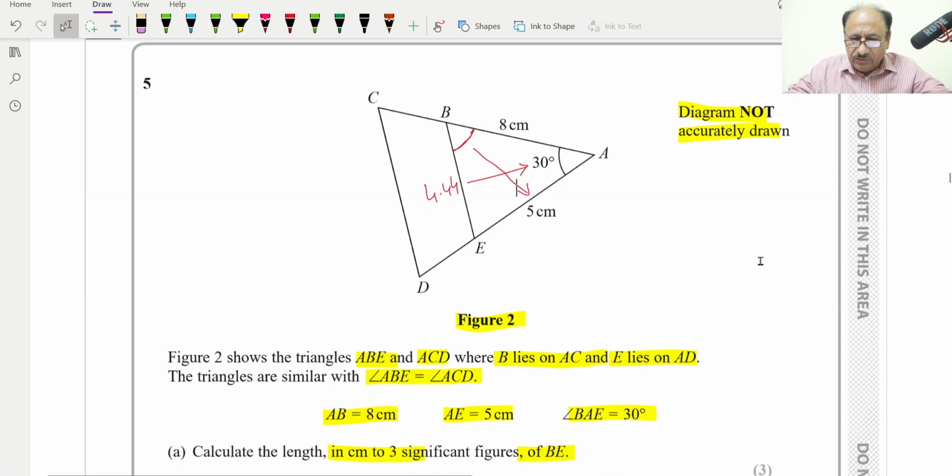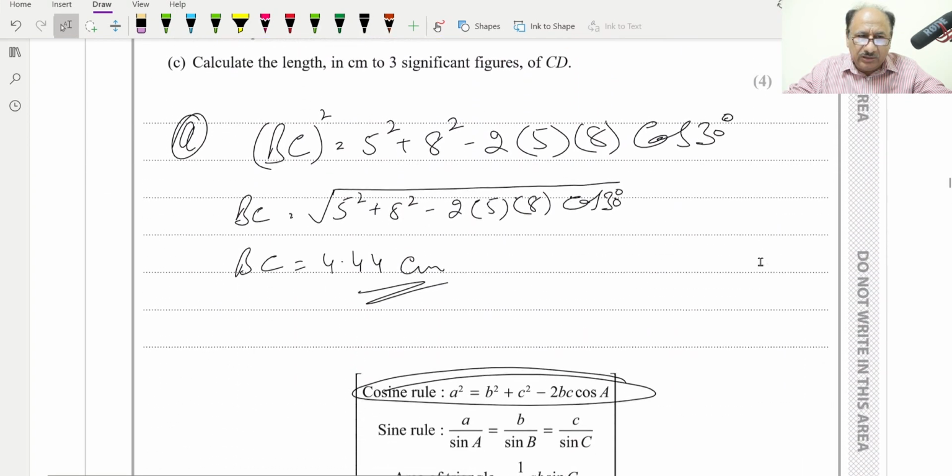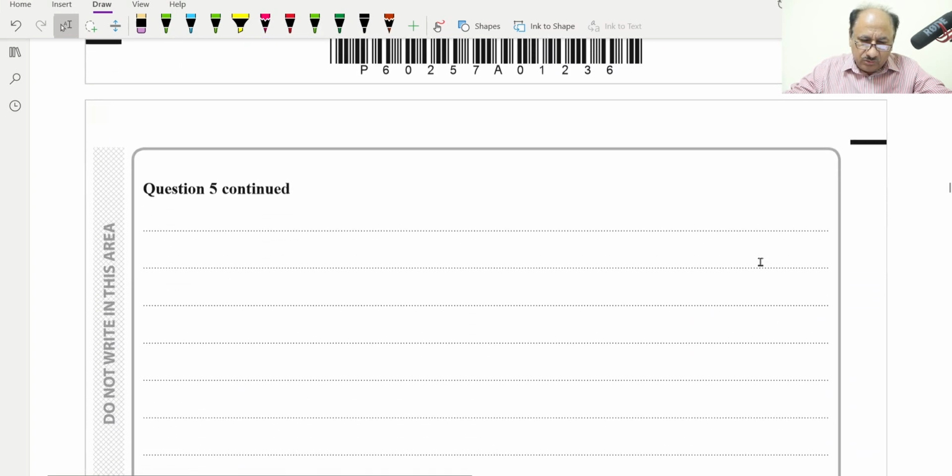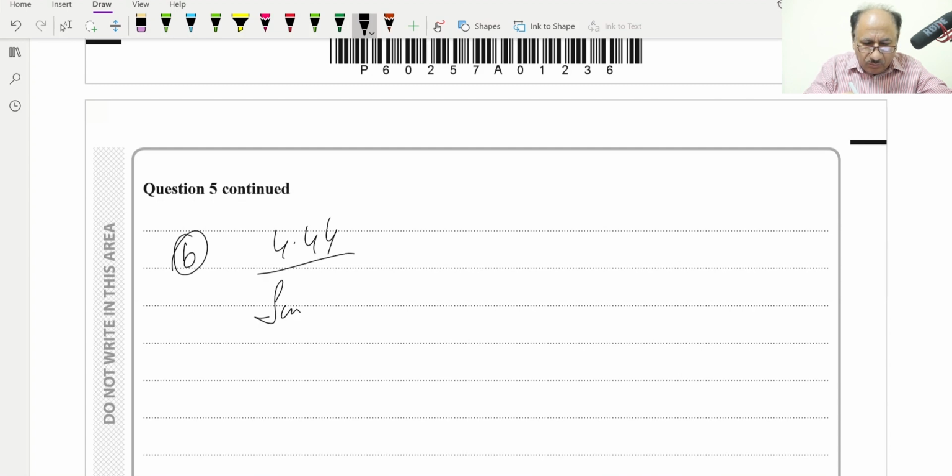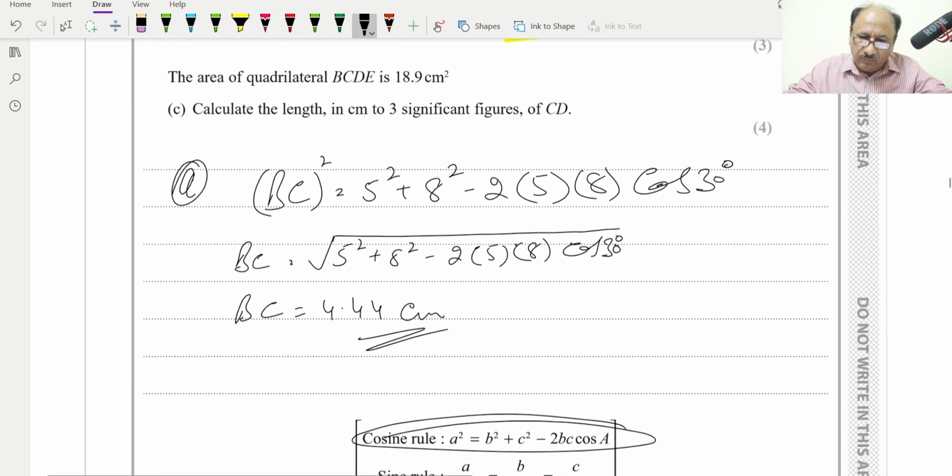This will be the sine rule. For part B, we write 4.44, which we calculated, over sine of 30 degrees.